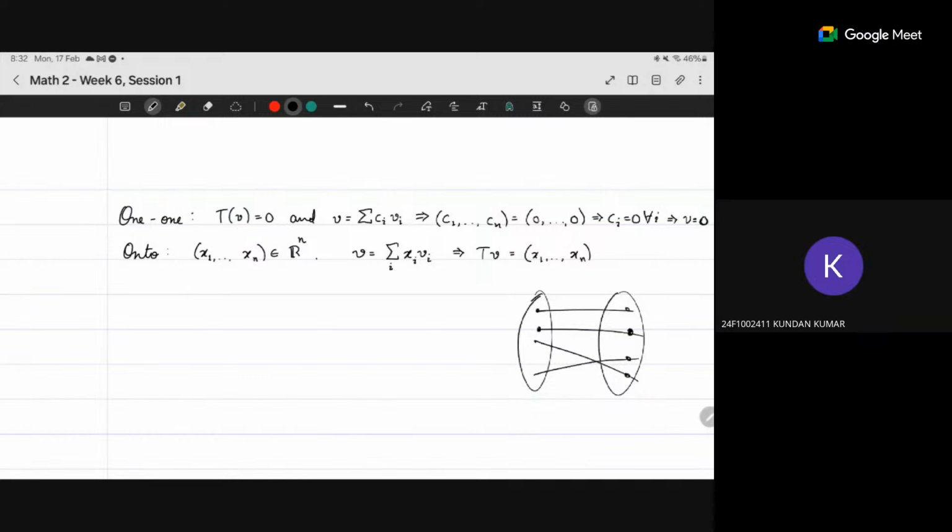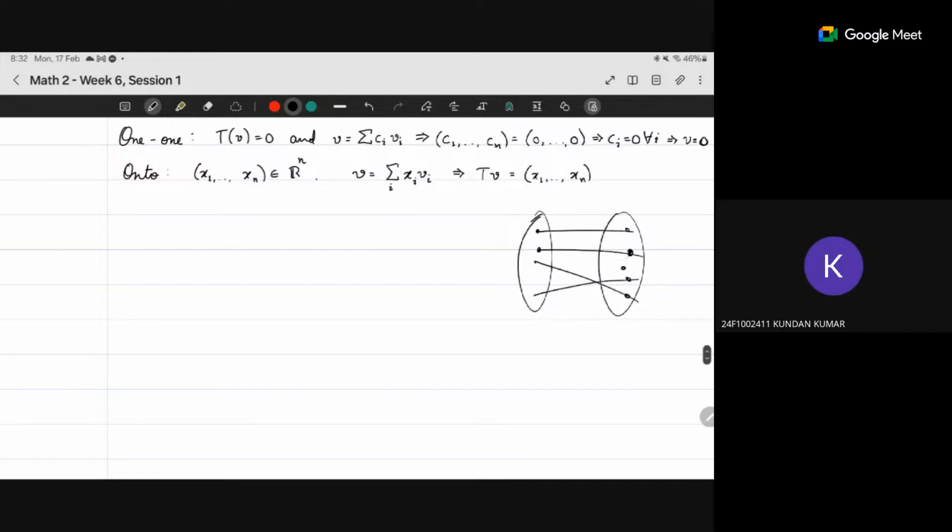For onto, what do we need to do? We need to make sure that there is nothing like this. There is no element which is not the image of anything. So we have to pick an arbitrary element in the codomain over here and then say that there is some pre-image of that. So there exists a pre-image. This is ontoness.